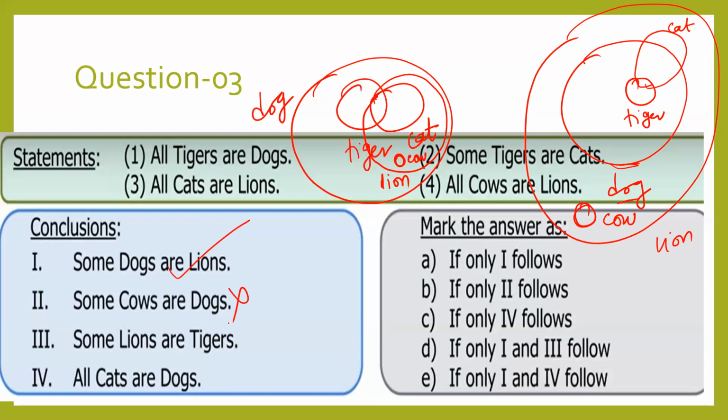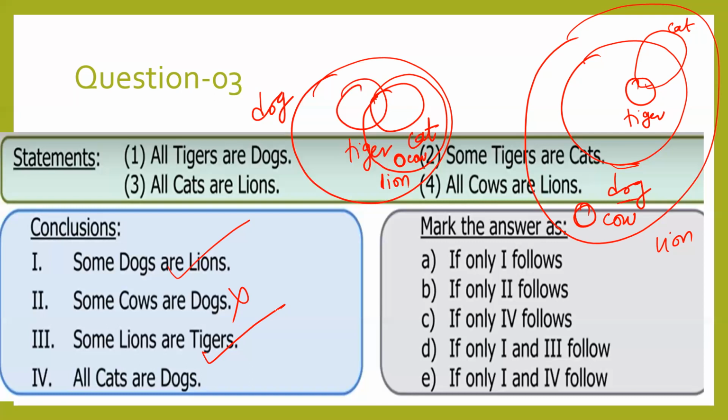Some lions are tigers. Always there is an intersection between lion and tiger, because all cats are lions and some cats are tigers.